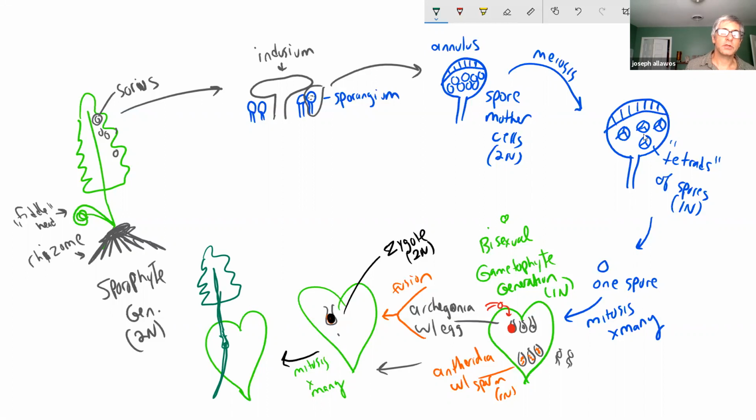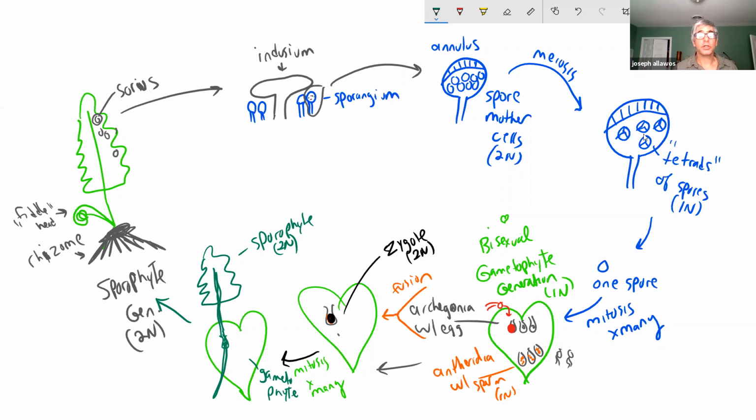We would get to see it in real life if we were in class. So there's this one little moment where you have the new baby sporophyte, which is diploid, and you still have the gametophyte attached. At this point, the gametophyte just kind of withers away and it's gone. And now we have a new sporophyte.